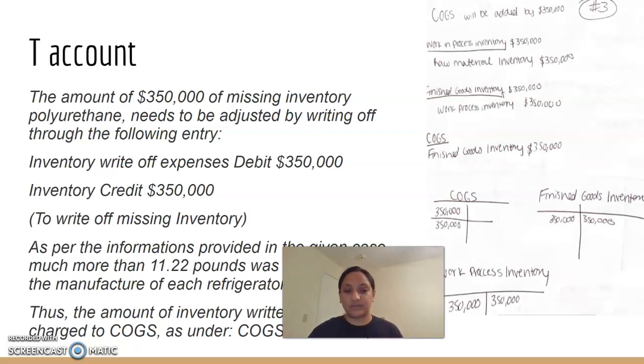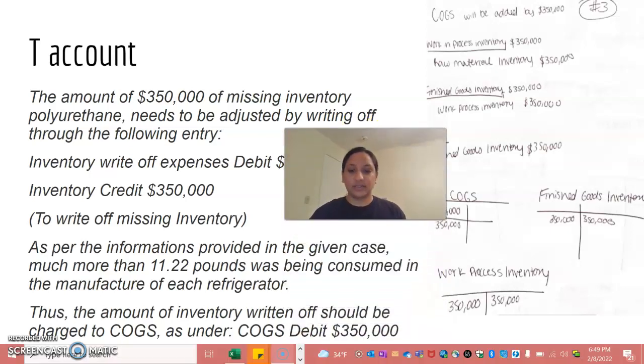I also made T accounts to show the credit and debit. After doing the calculations, it was much more than the pounds that were for consumption for the products to be manufactured for the refrigerators. Therefore, the cost of goods and services debit is 350K.